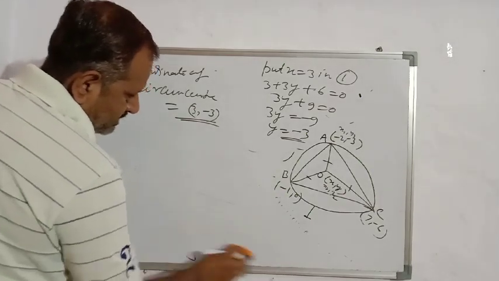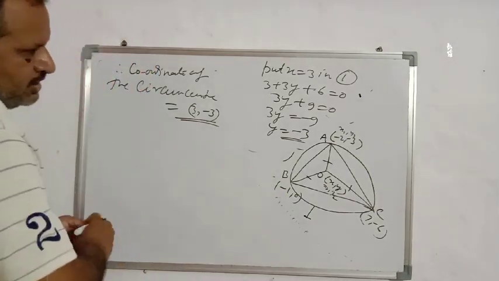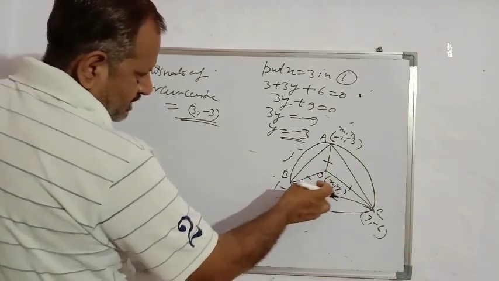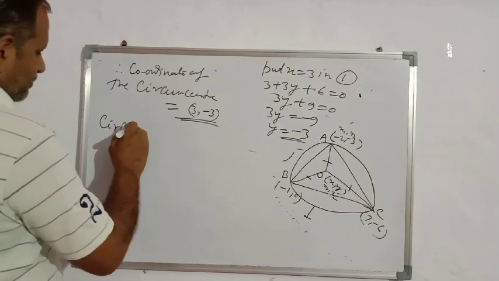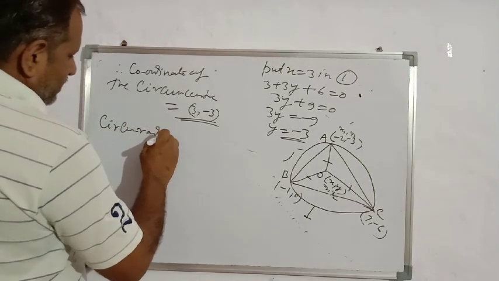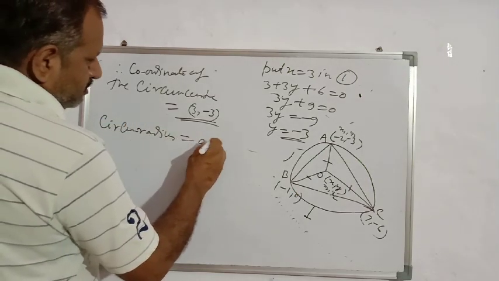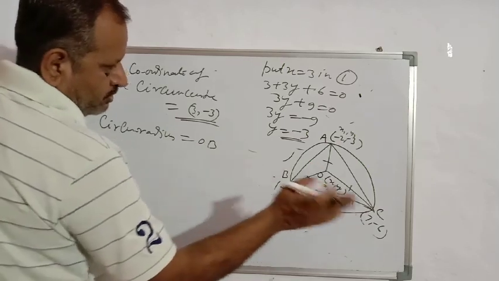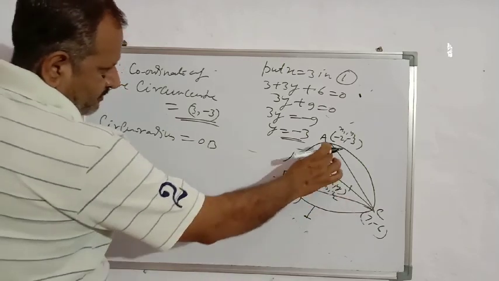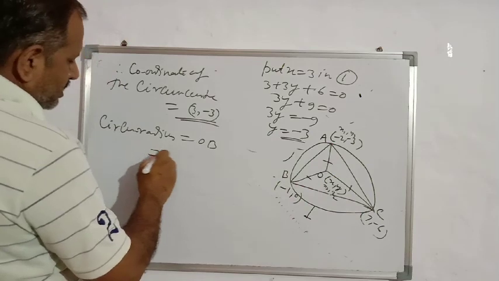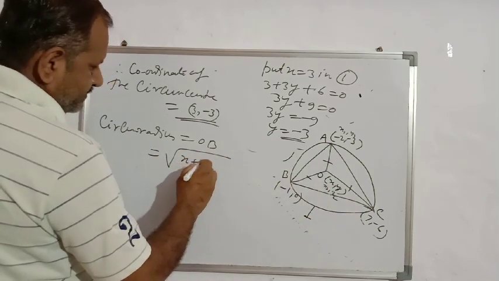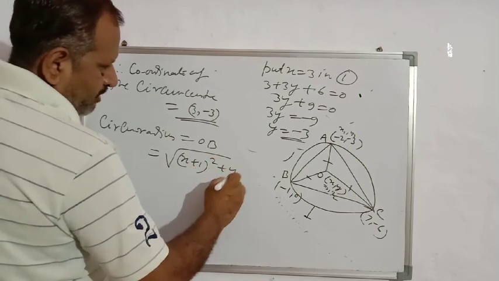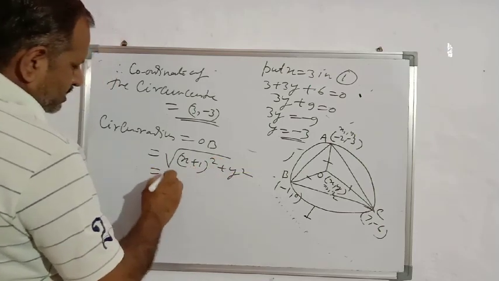Now we have to find the circumradius. So what is the circumradius? Circumradius is equal to OB or OA or OC. Any length we can find. How will we find OB? x plus 1 square and y minus 0, so y square.